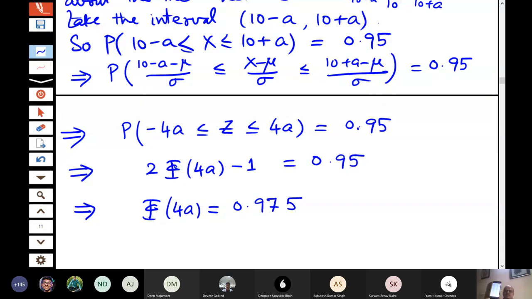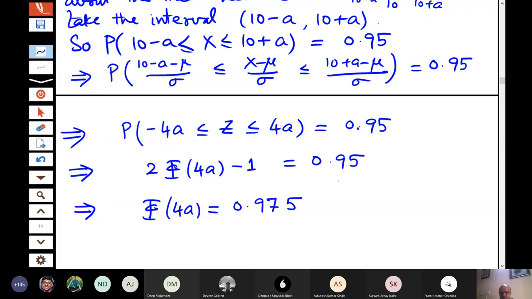I am just showing you, of course any of you can see it easily, just Google the tables of the standard normal distribution. Corresponding to 0.975, you can see it is 1.96. That is the point, so you can easily find it out.